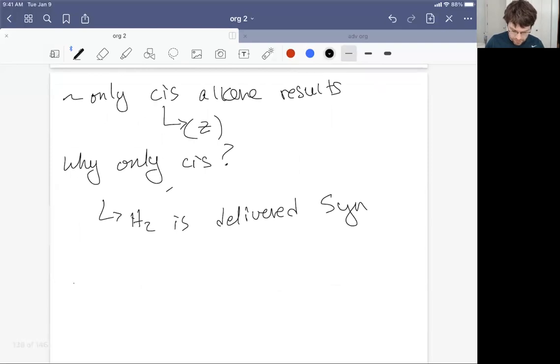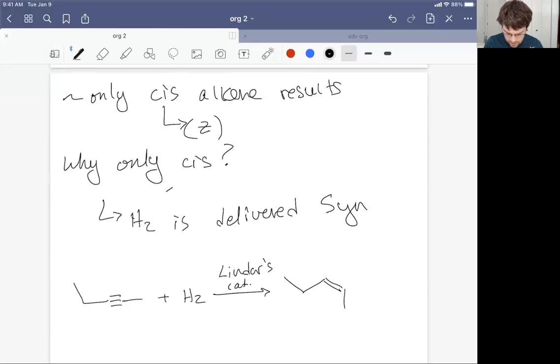So if we do a few examples, and this is the same as what we talked about last time. If we have this plus Lindlar's catalyst, we would get this molecule, and sometimes with that linear structure, I need to make sure I count my carbons. 1, 2, 3, 4, 5.